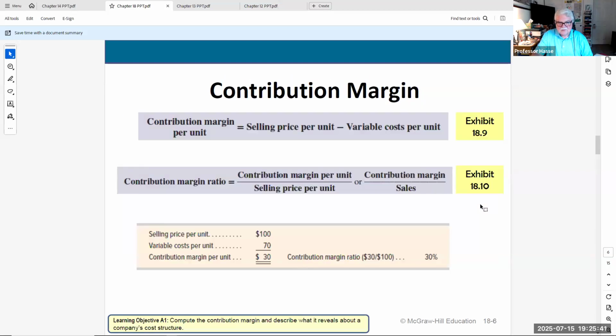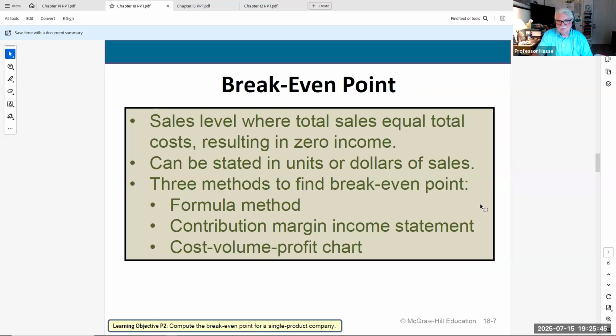We use this contribution margin information to determine our break-even point. That point in sales where sales equal the total cost of producing that product. Thus, the net effect is zero income, profit. So we can do the break-even point to find out how many units we need to sell to break even.